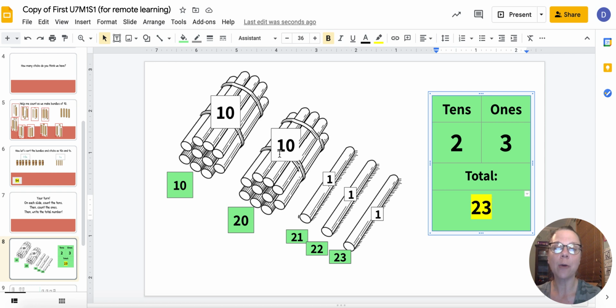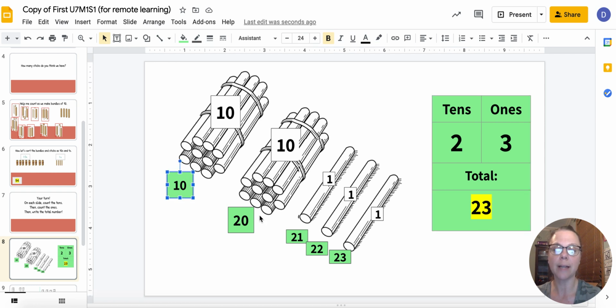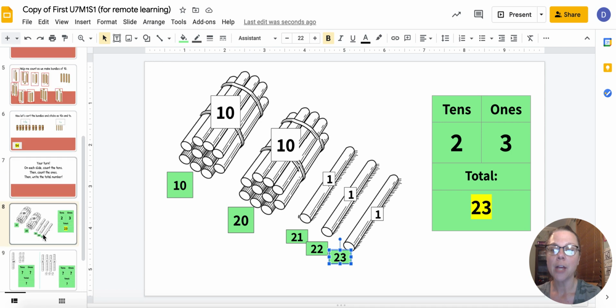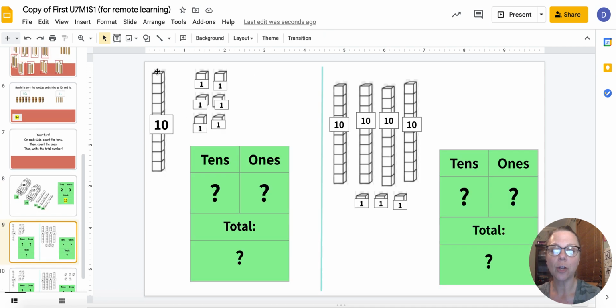I'm also going to count it out, and it has some green boxes down here to help you. 10, 20, 21, 22, 23. You can do the same thing when you're looking at tens over here. A 10 can also look like this, 10 cubes with ones over here.